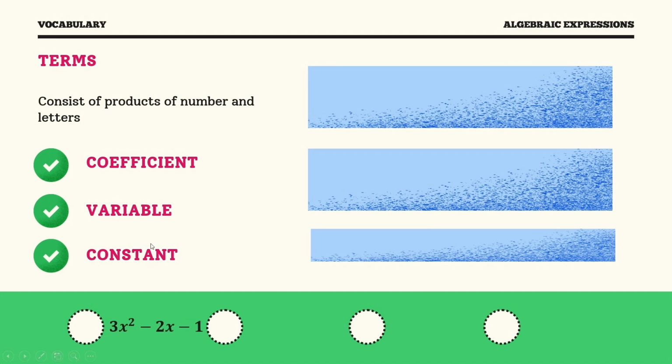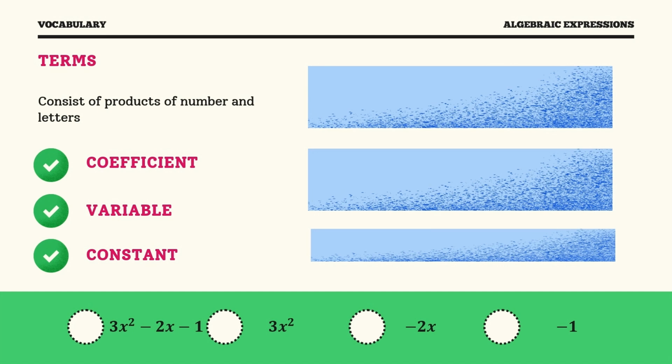For example, we've got 3x squared minus 2x minus 1. In this expression, we've got three terms, that is 3x squared, minus 2x and minus 1.